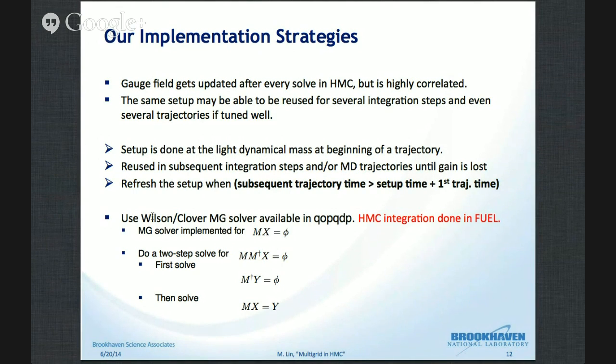And then we try to see if we can reuse the same setup in subsequent integration steps or trajectories until we lose the gain from multigrid. And we only refresh the setup when the subsequent trajectory time using the same setup from the beginning is larger than the setup time plus the first trajectory's time or first few integration steps.